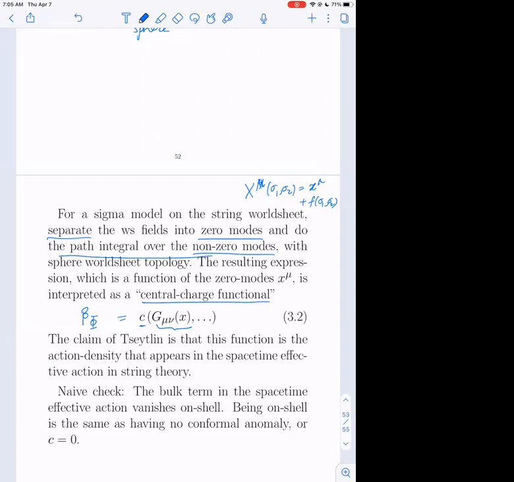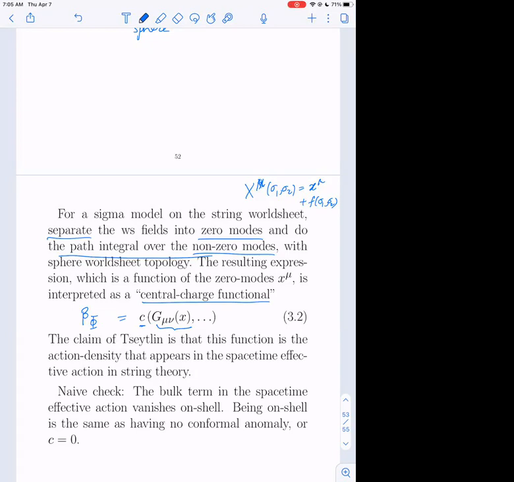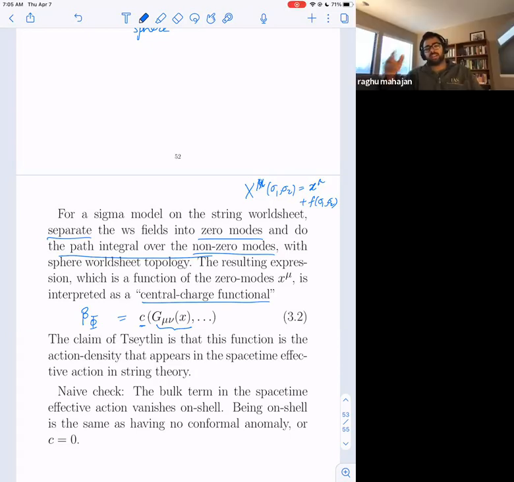Yeah. So when you say action density, does it contain square root of minus G, or does it not? Yeah, my comment was much more primitive. I think that kind of detail I don't know. Okay. Yeah, I would presume what they get is a linearized action.